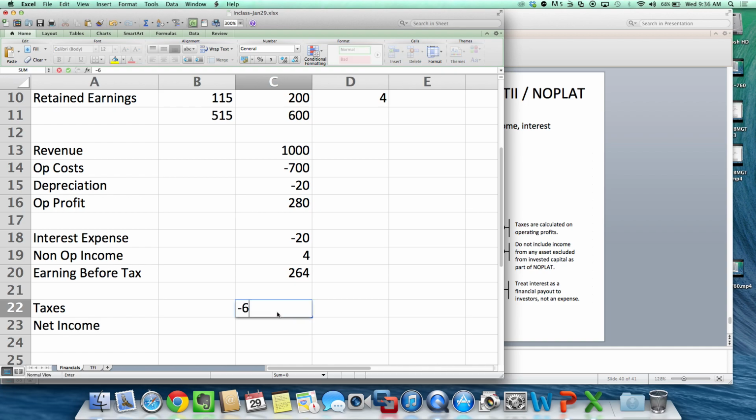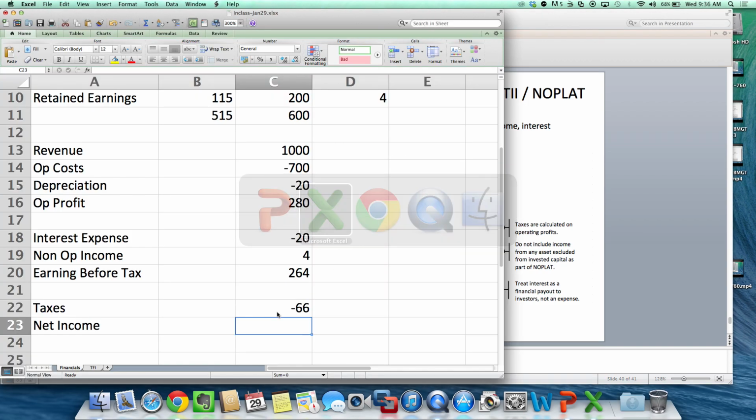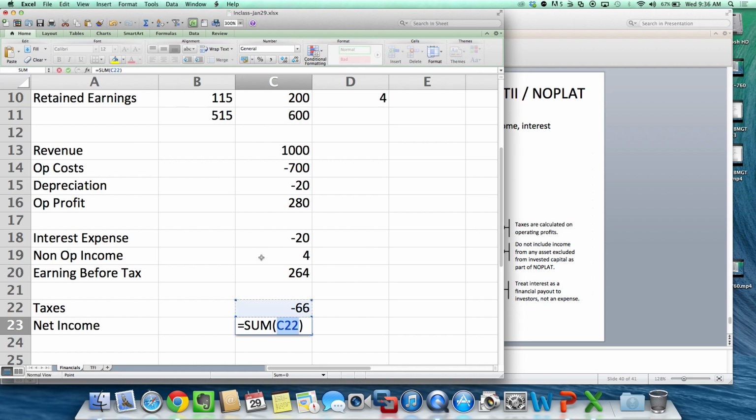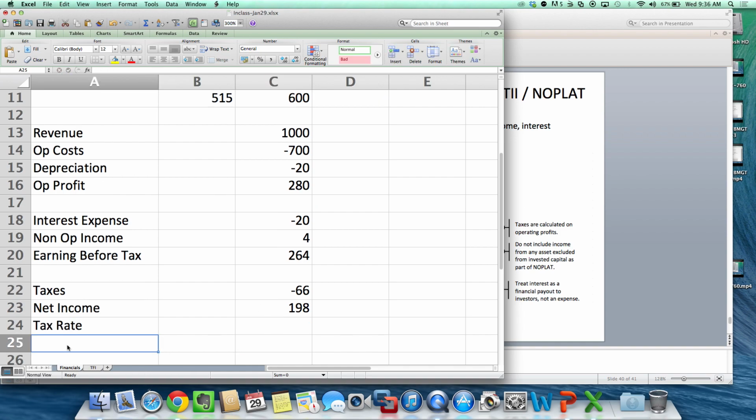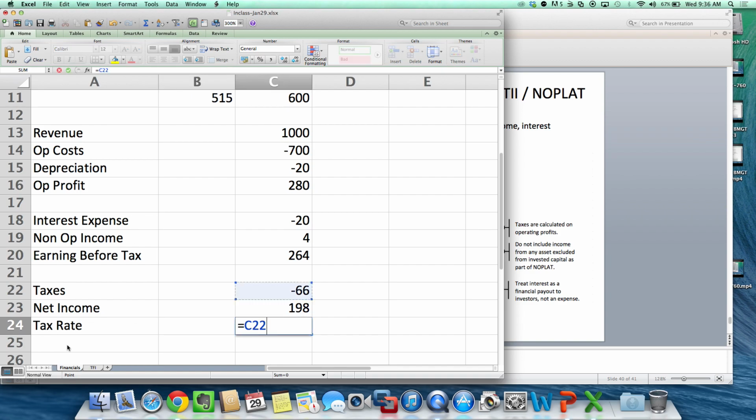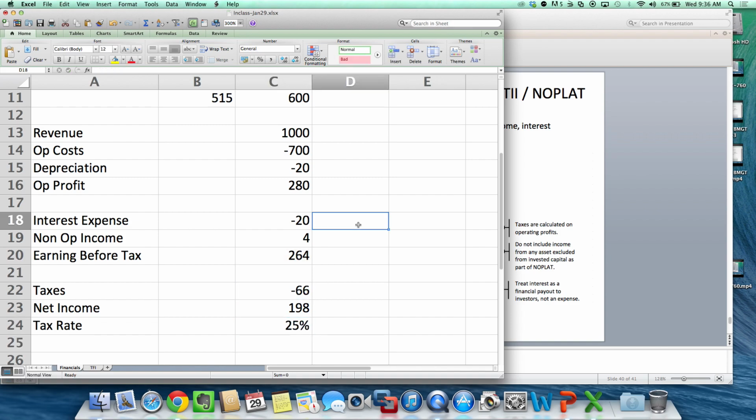Taxes are negative 66. So net income is the sum of that, 198. By the way, my tax rate equals taxes divided by earnings before tax as a percentage. Taxes, flip the sign. Taxes are 25%. That's my tax rate, based on the data on the statement. So that's a simple income statement.